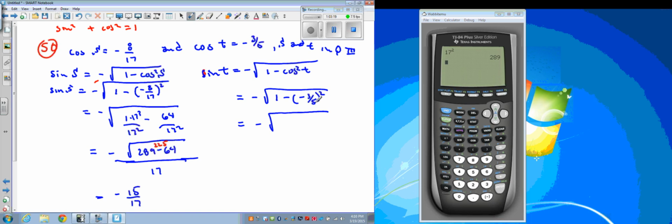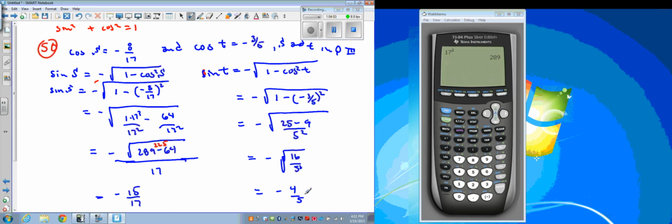Now, this is going to be 25 minus 9, because when you square the 3, it's 9. And then it's all over 5 squared. Like Brody says, this is going to be the square root of 16 over 5 squared, and then you're going to have a negative 4/5. Correct?